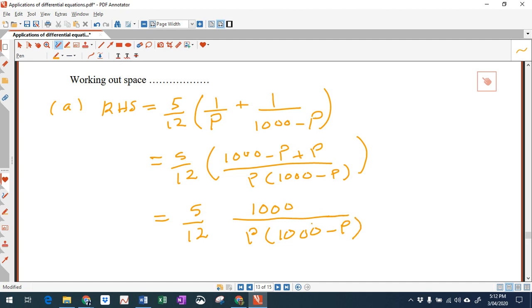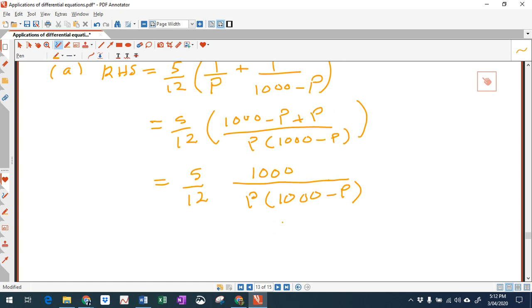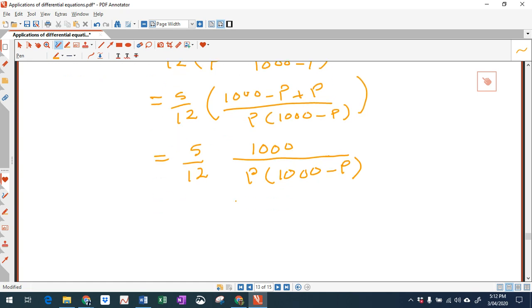Now, to make it a little bit simpler, we'll multiply the two fractions together. We'll have 5000 over 12P(1000 − P). Alrighty.